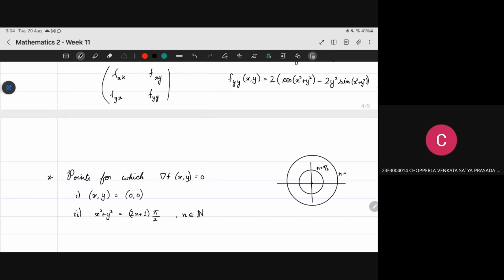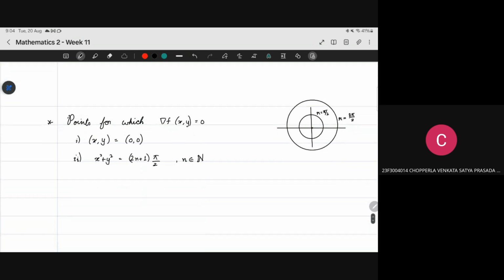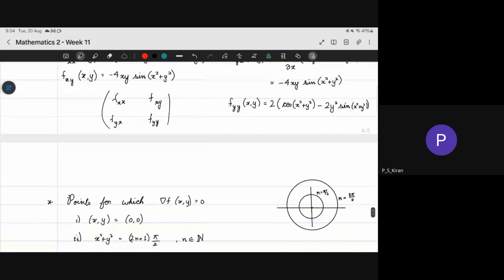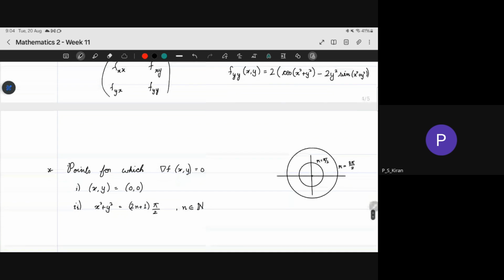So this is the circle of radius pi by 2, circle of radius 3 pi by 2, and so on. The general expression of the Hessian, if you want to write it down, but I will calculate only for the critical points. n can be 0 also, right? Yeah, n could be 0.